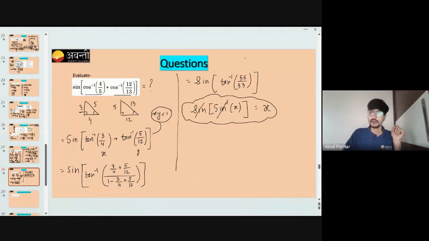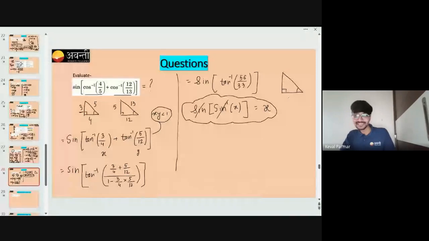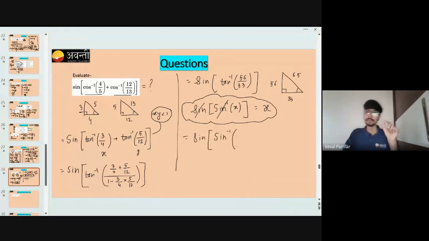For this, if I make a triangle, tan is opposite upon adjacent. If you remember the last triangle, the hypotenuse will be 65. So I need to convert into sine inverse. Sine inverse is opposite upon hypotenuse. Opposite is 56, hypotenuse is 65.